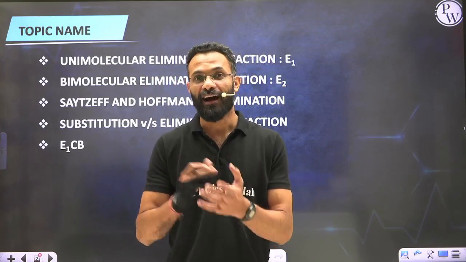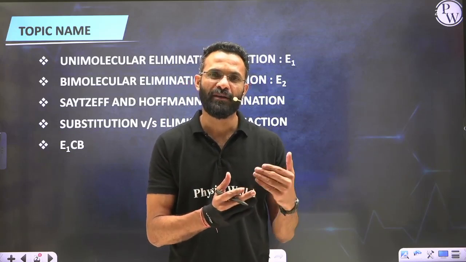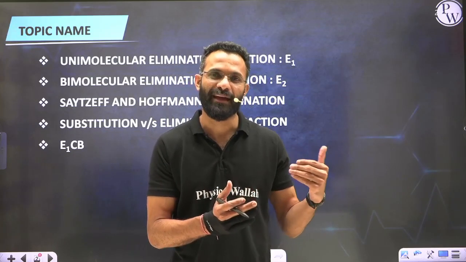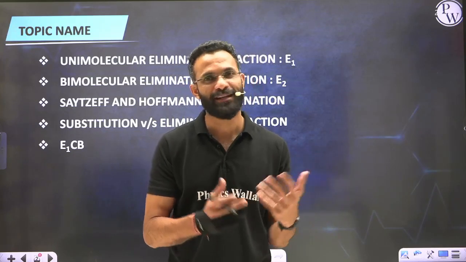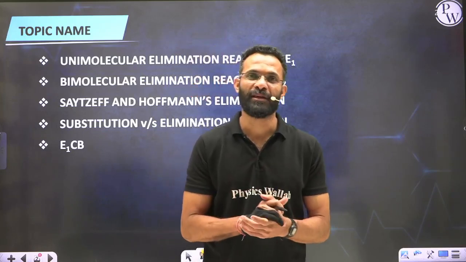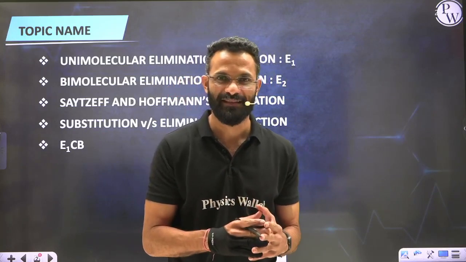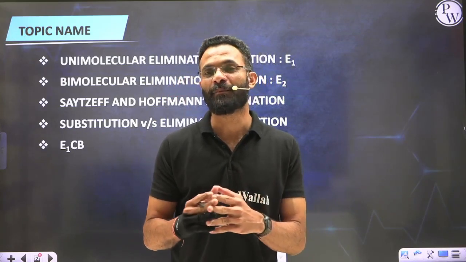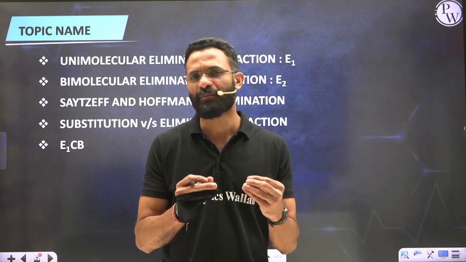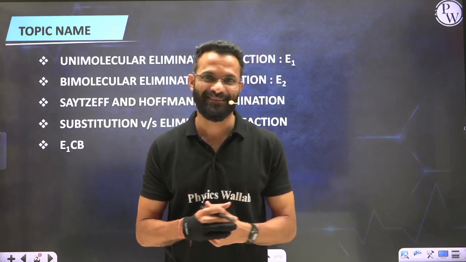Further, this elimination reaction can be of several types: alpha elimination, beta elimination, or a third type called 1,N elimination. Now what does exactly this mean? The most important type of elimination as far as our studies are concerned is beta elimination. Hence we are going to learn beta elimination in detail, but let me just brief you about alpha, beta and 1,N elimination.